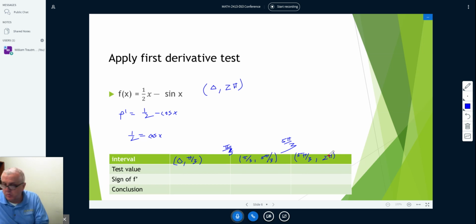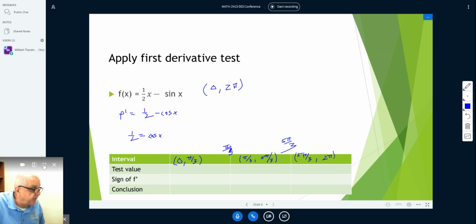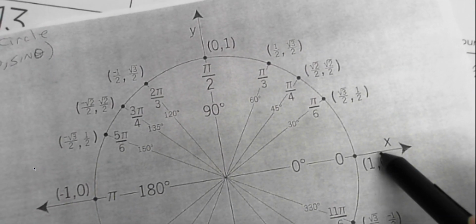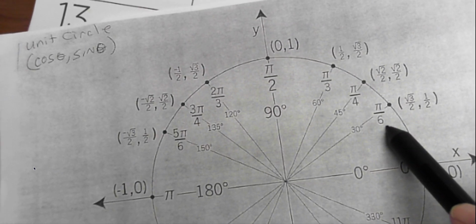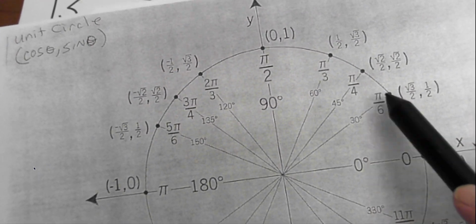So I want to pick a point on my unit circle between 0 and pi over 3. It doesn't matter which one you pick. Between 0 and pi over 3, let's just pick pi over 6.